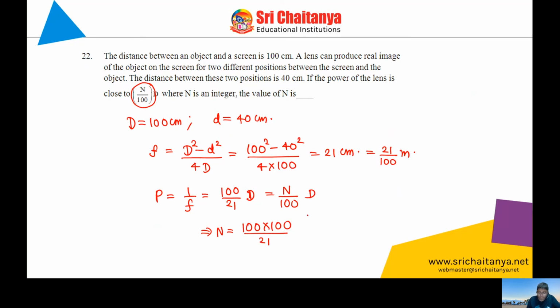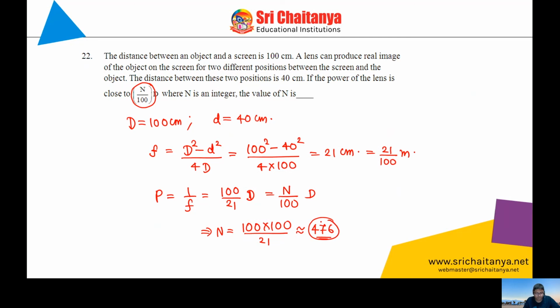And the nearest integer you will get is 476. But the official key they have released says that n is 5 or something like that. But I think there is some error in the official key. The answer has to be 476.